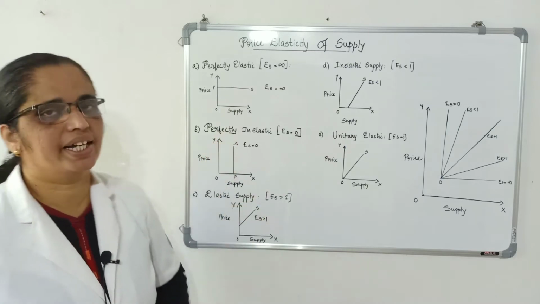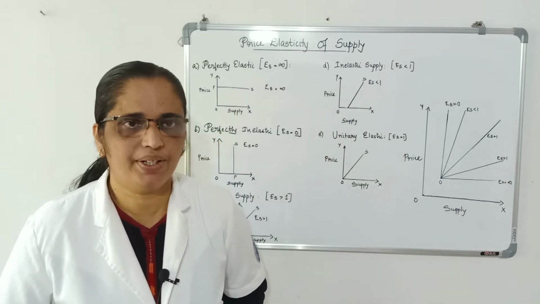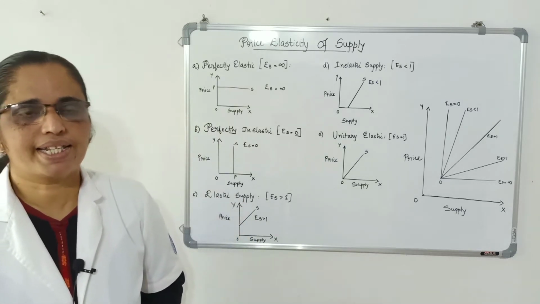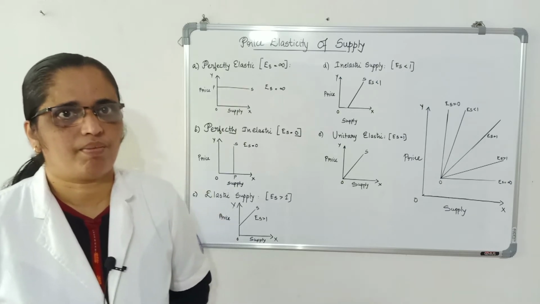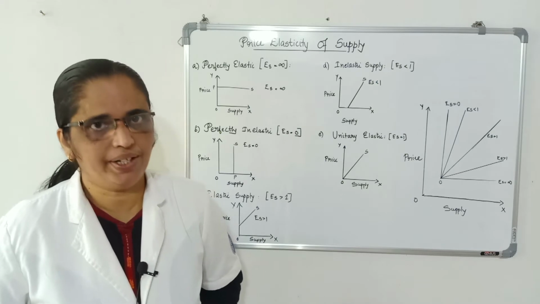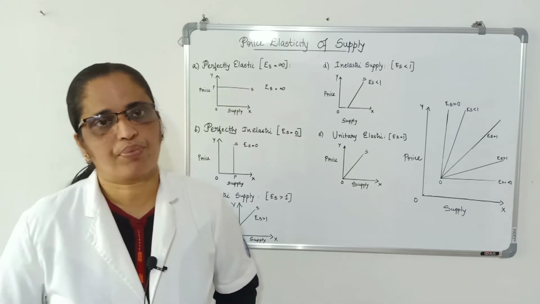It is defined as the degree of responsiveness of supply to change in price. It's a percentage concept. That is, it is equal to percentage change in supply due to percentage change in price.